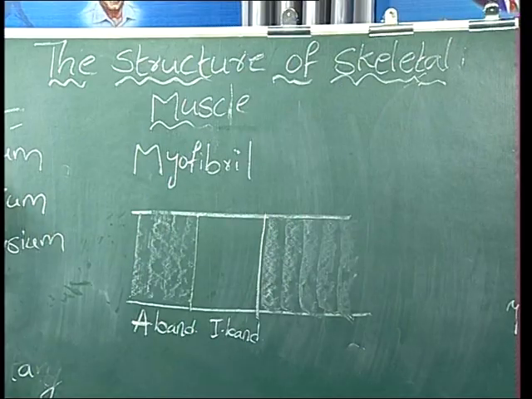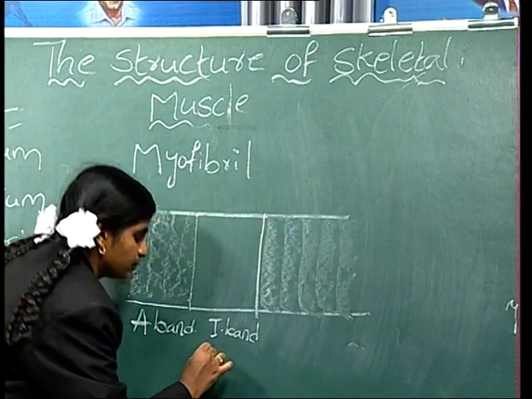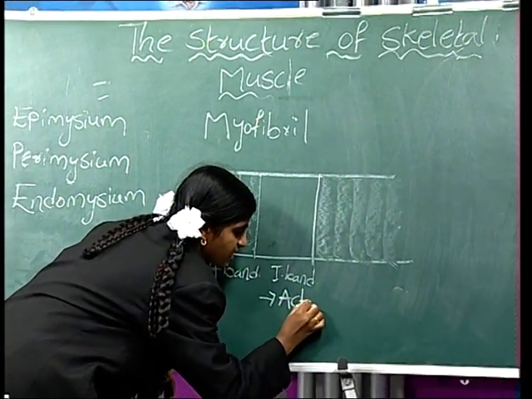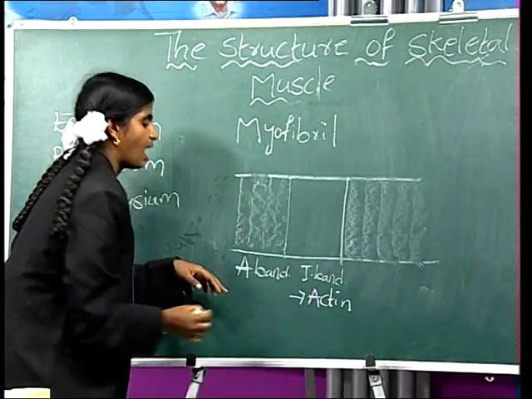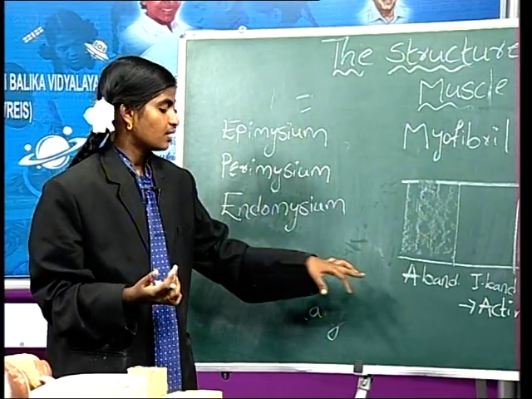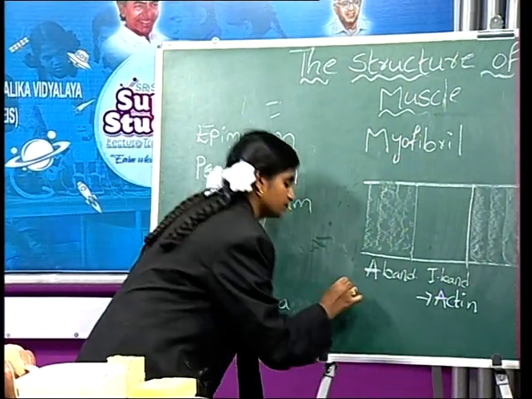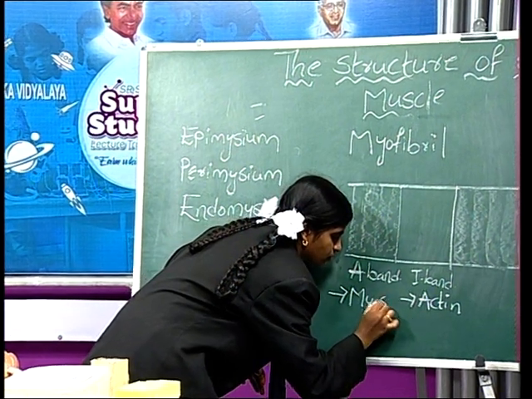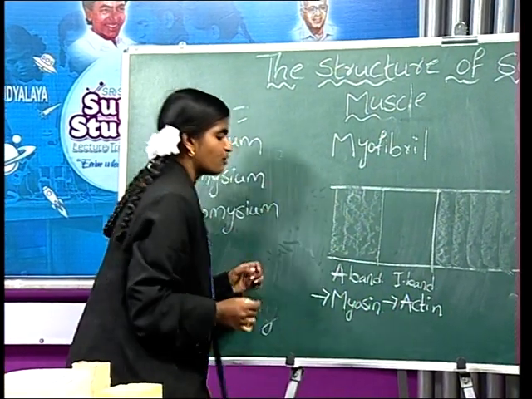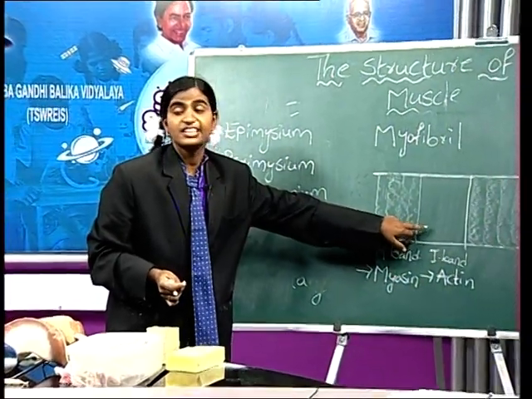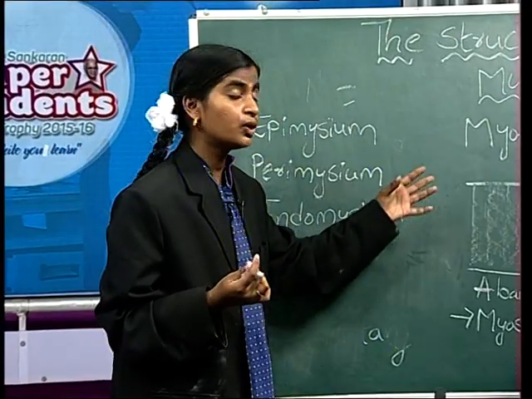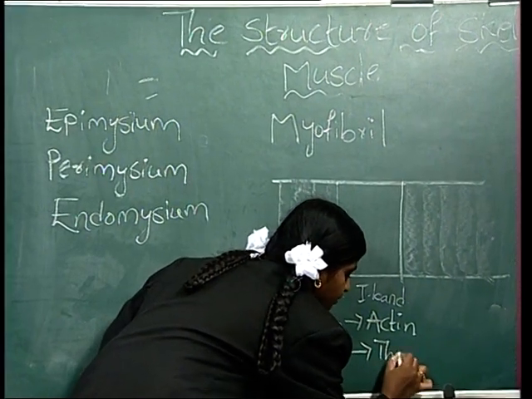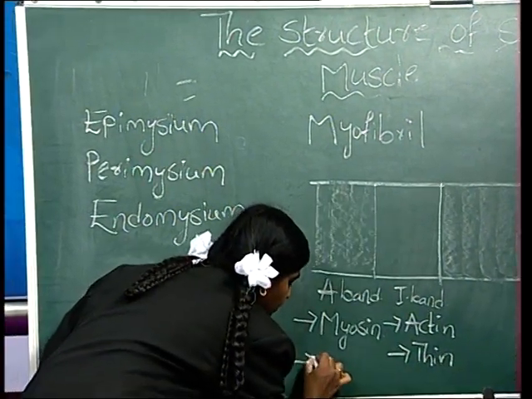Actin is present in the I band and myosin is present in the A band. The I band is very thin compared to the A band. So, this is the thin band and this is the thick band.